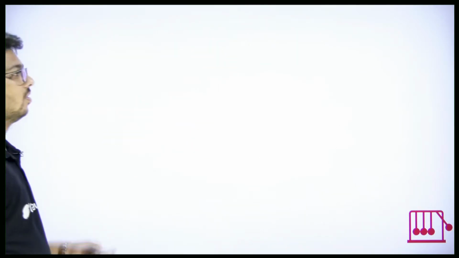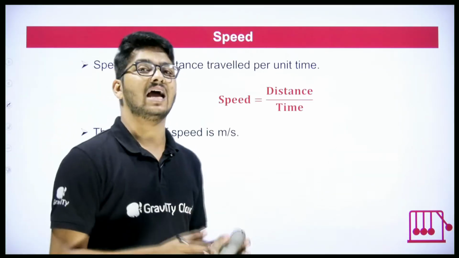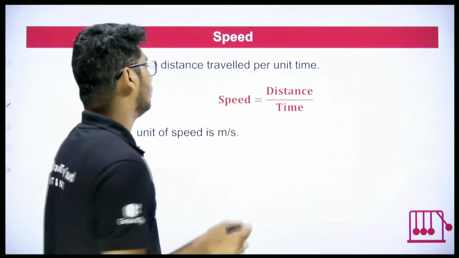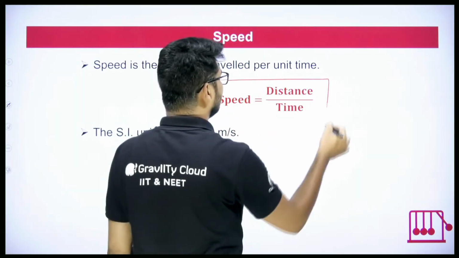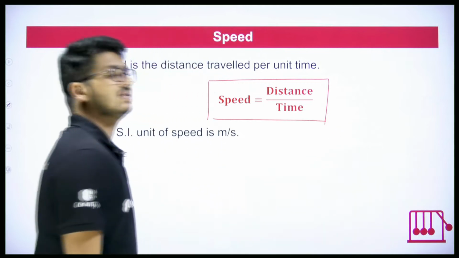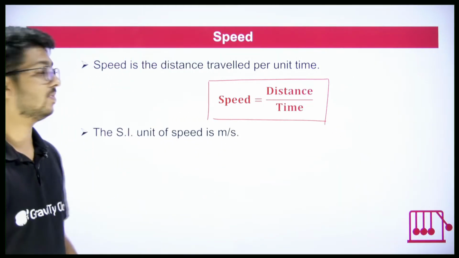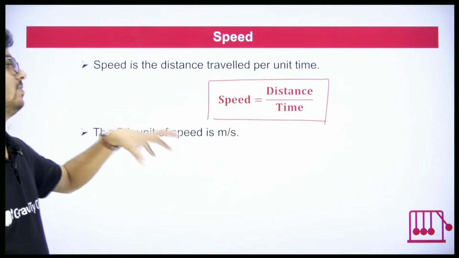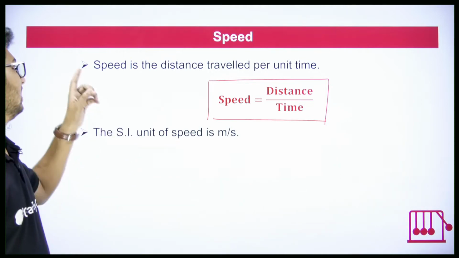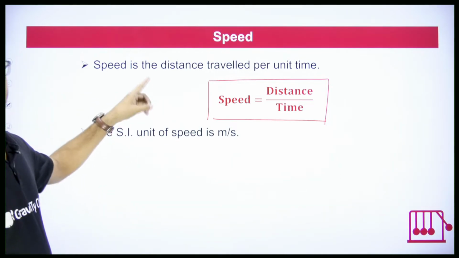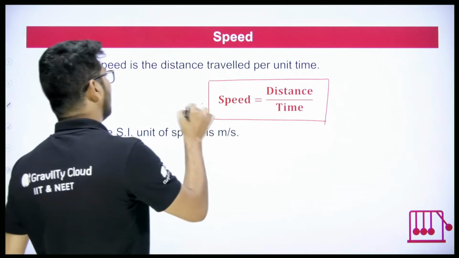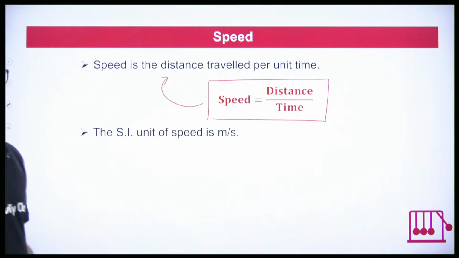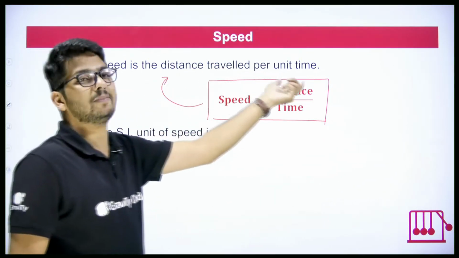So, mathematically, we have a formula for speed. What is the formula? Speed is equal to distance divided by time. From the formula itself we get the definition: speed is distance traveled per unit time.